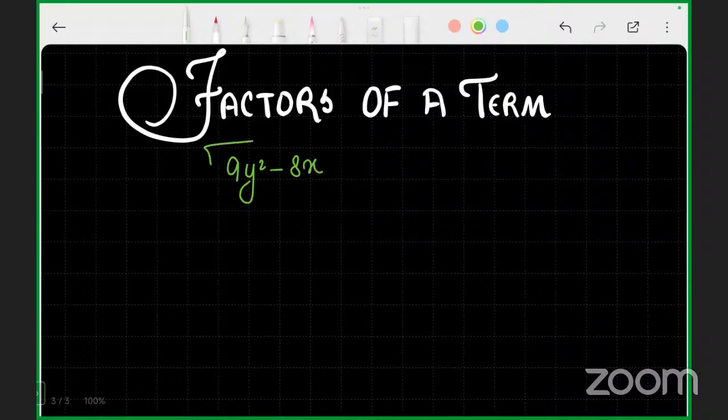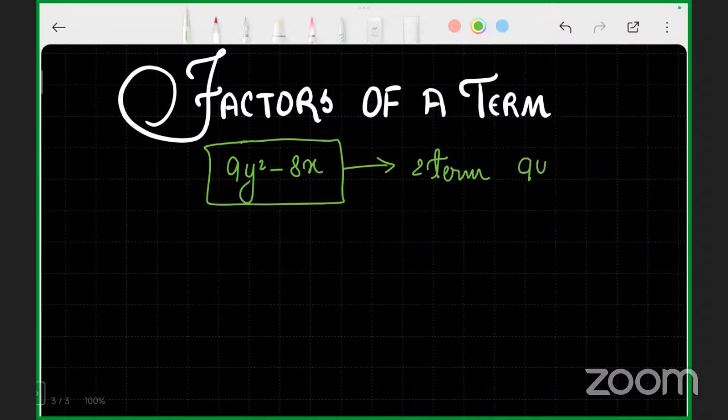It has two terms: the first is 9y square and the second is negative 8x. Now we are trying to understand the factors of a term.